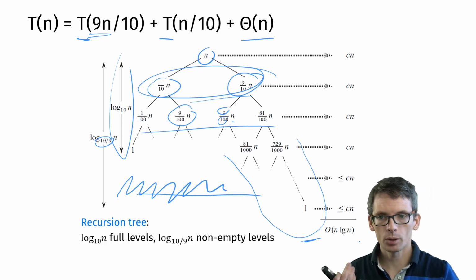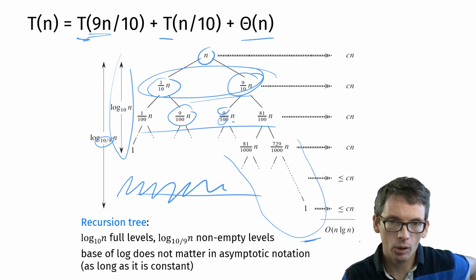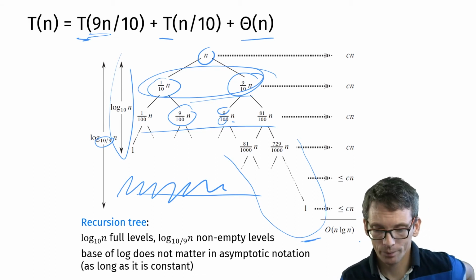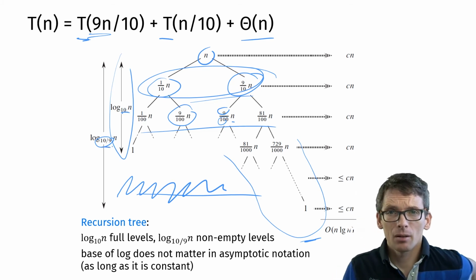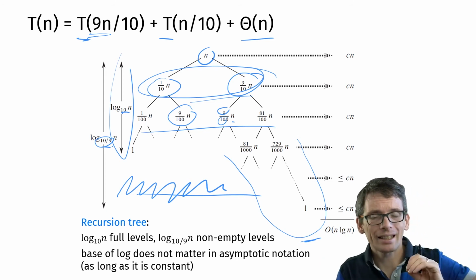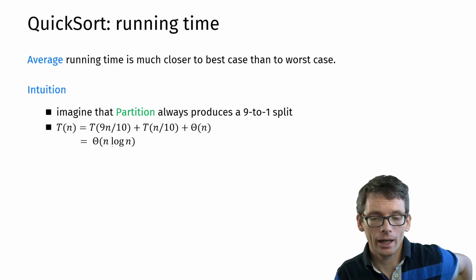Some levels are full, some are empty, and the base of the log is unusual: here base 10 and here base 10/9, but that doesn't matter up to constants. So the running time, if we had these splits, would be n log n.